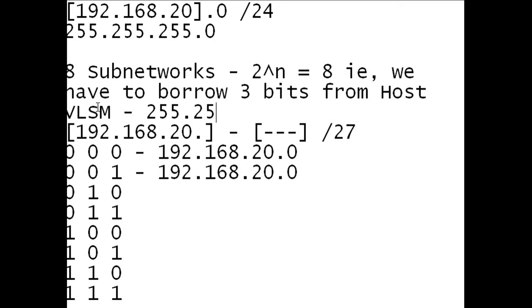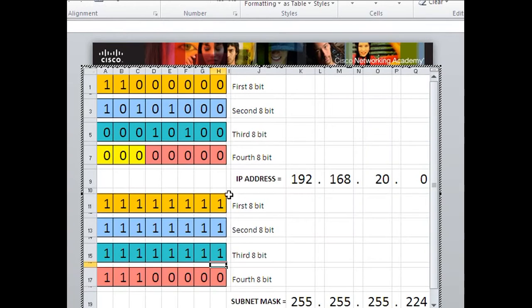So this we have already calculated. Now this is 001. So if it is 001, then what am I getting? I am getting 192.168.20.32. So there is a very easy calculation to do it.